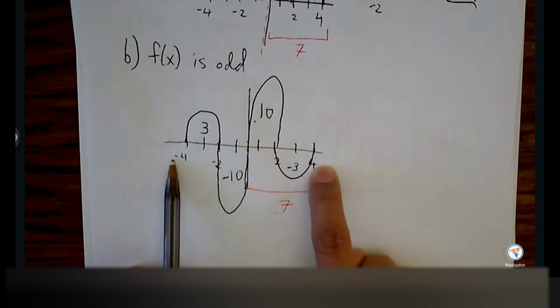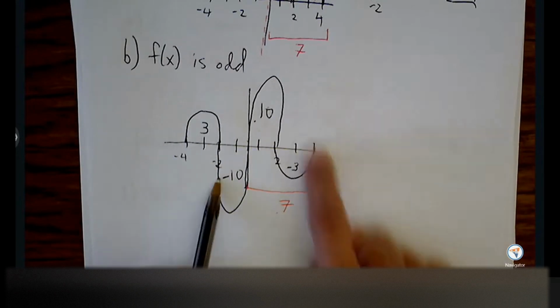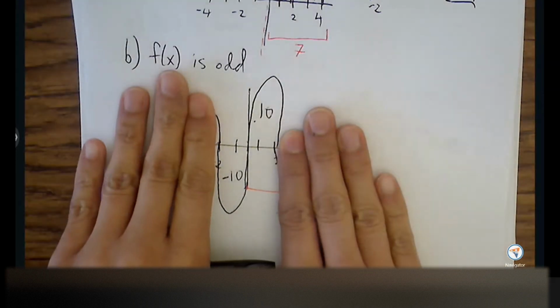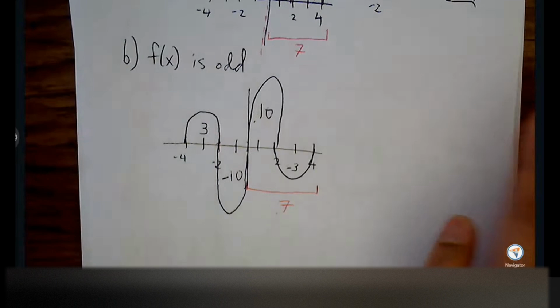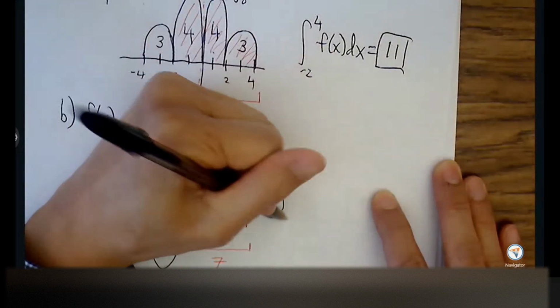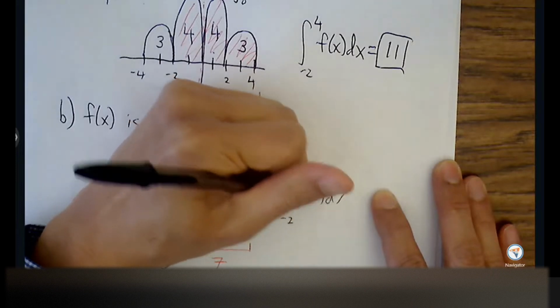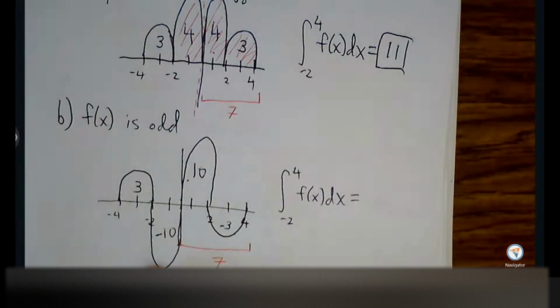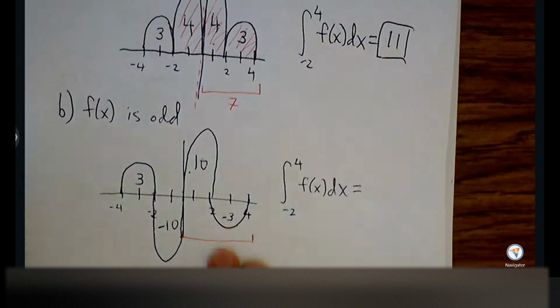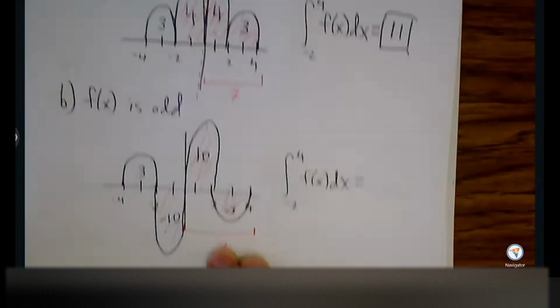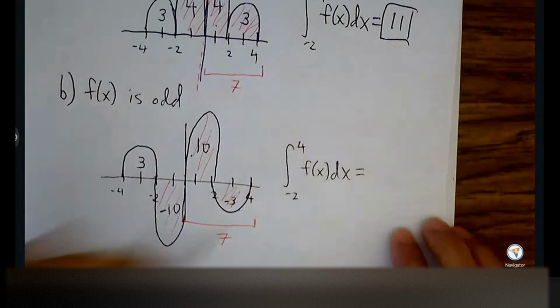As long as I'm the same distance away from the y-axis, it should all be 0. 3 minus 10 plus 10 minus 3 is 0. Negative 10 plus 10 is 0. So once you have that, then we can find the integral from negative 2 to 4. Negative 10 plus 10 minus 3.